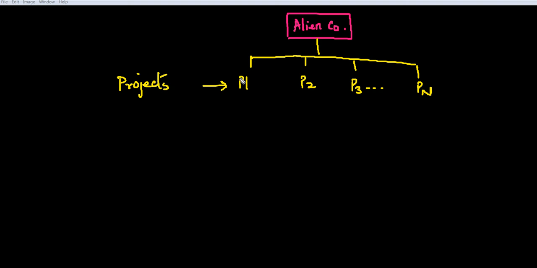This company called Alien company has a couple of projects under it. Next step, we know each project is made up of different phases. Let's say phase 1, phase 2, and so on, phase N. And each phase is made up of what?